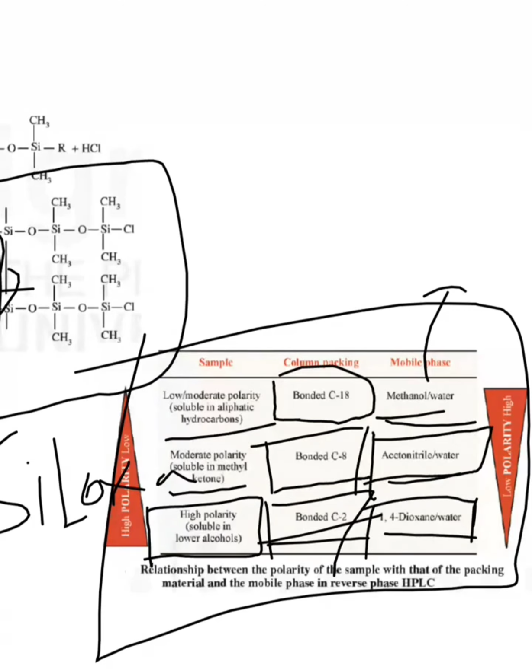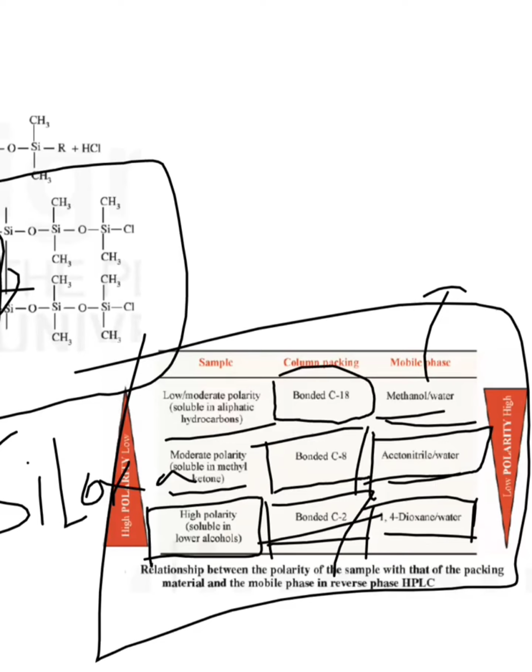Here, retention increases with the hydrophobic character; hydrophobic means not absorbing water. That is known as the hydrophobic character of the solute sample. So this is all about partition chromatography.